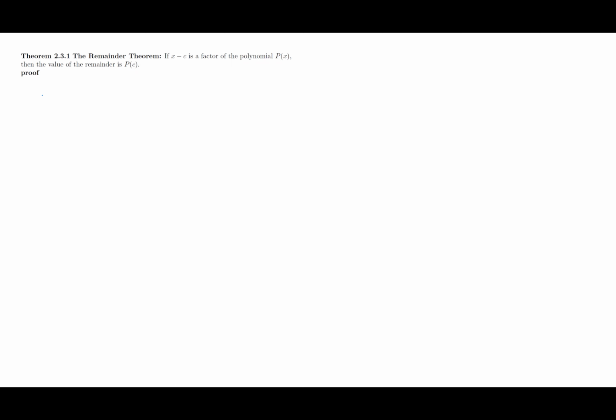The division algorithm tells me that I can write p of x as that linear factor x minus c, which would be my divisor, right, times q of x plus a remainder, okay?